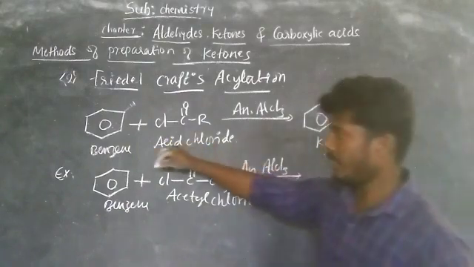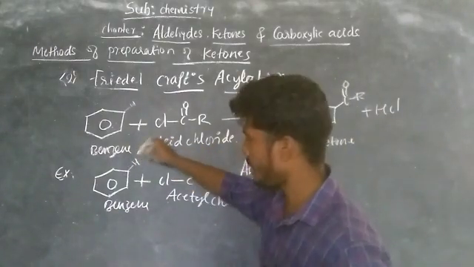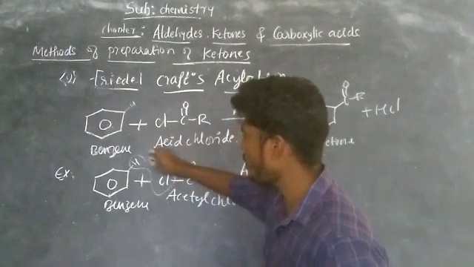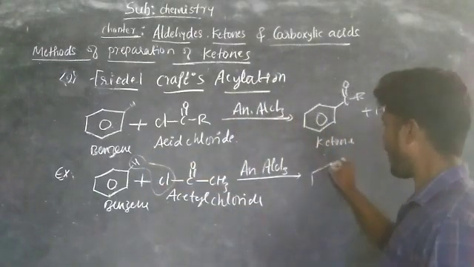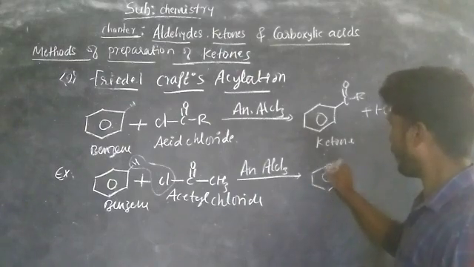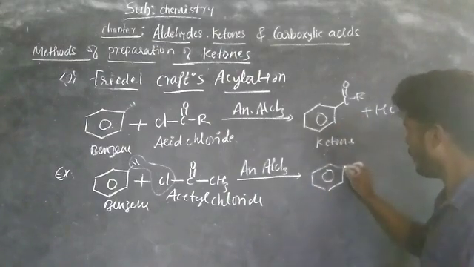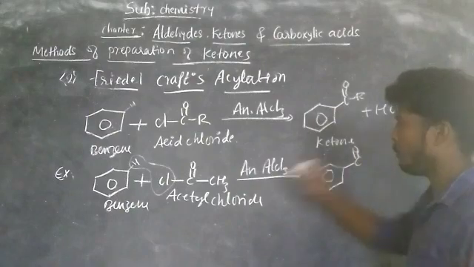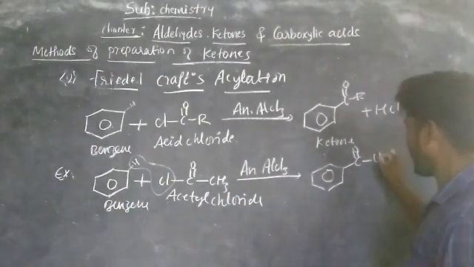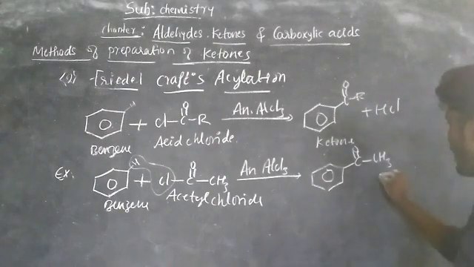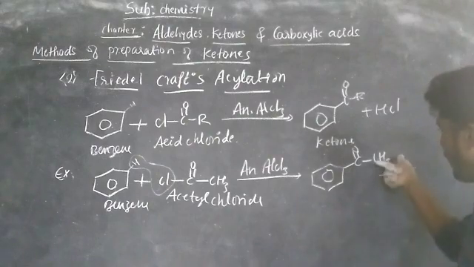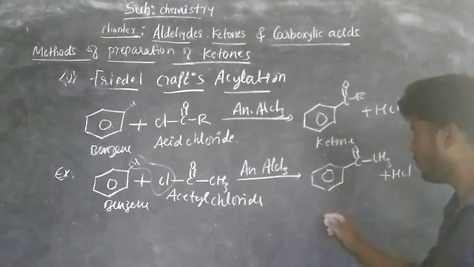Similarly, here there is one hydrogen, right? This hydrogen and this Cl become HCl. The remaining stays the same as before: benzene-C double bond O-CH3. Just in place of R, we are writing CH3, plus HCl. What is the name? Acetophenone, or methyl phenyl ketone.